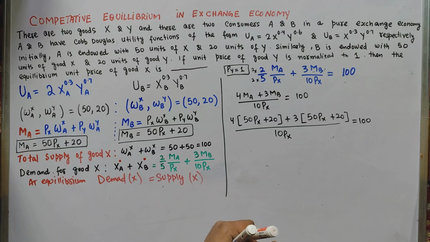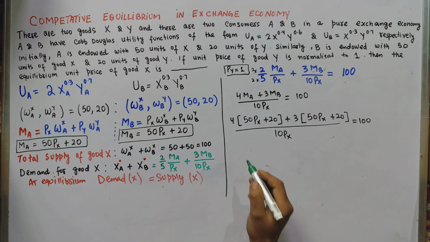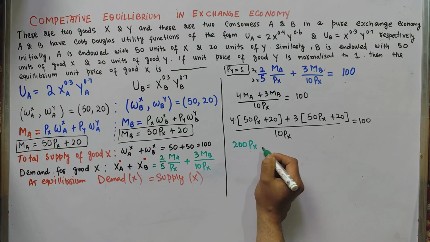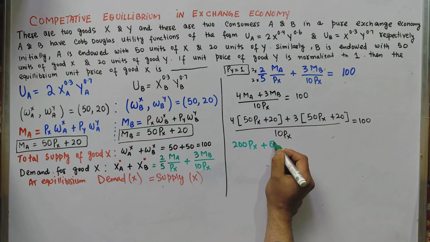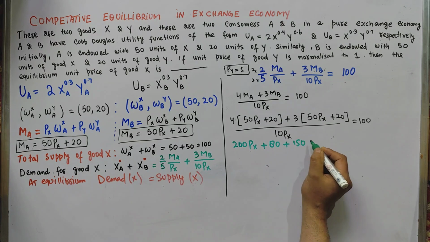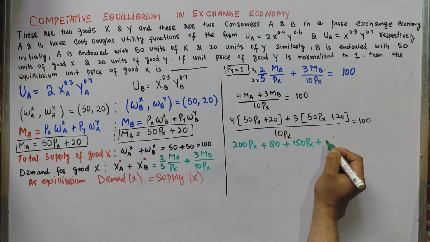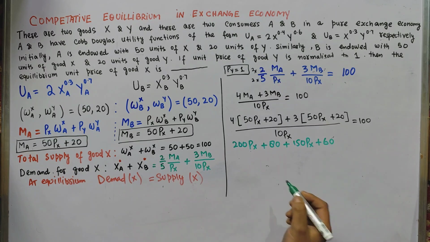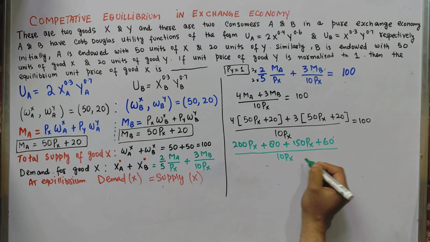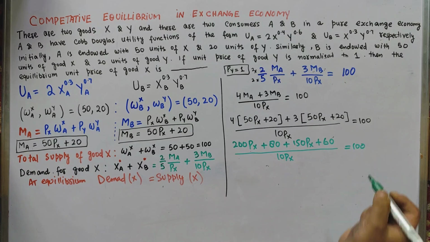Doing the calculation here: 4 5s are 20, so this is 200 Price of X plus 4 2s are 80, plus 3 5s are 150 Price of X plus 3 2s are 60, divided by 10Px is equal to 100.